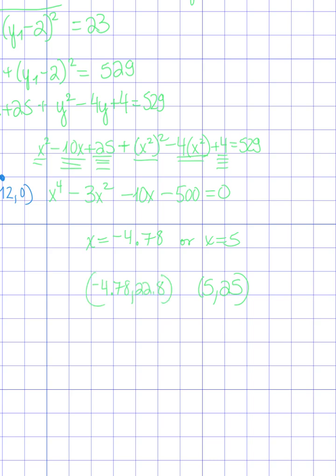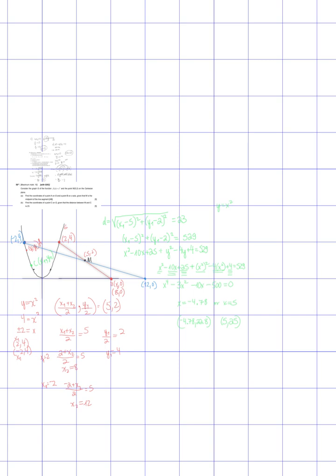Okay, so those are the points on the graph that if you graph them, you know, it's way up there, they would have a distance of 23 from M.